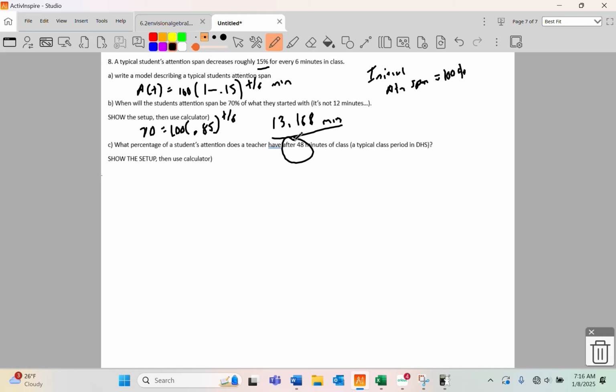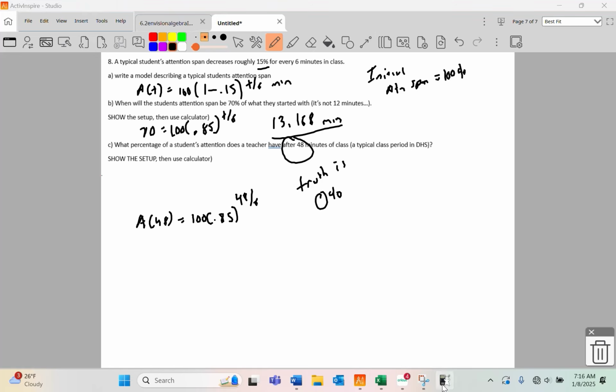How much of your attention do I have after 48 minutes of class? The truth is 0%. But according to the mathematical model, I would say the amount in 48 is 100 times 0.85 to the 48 over 6. Now we could simplify 48 over 6 if we wanted to, because I know it reduces. It's 8, isn't it?